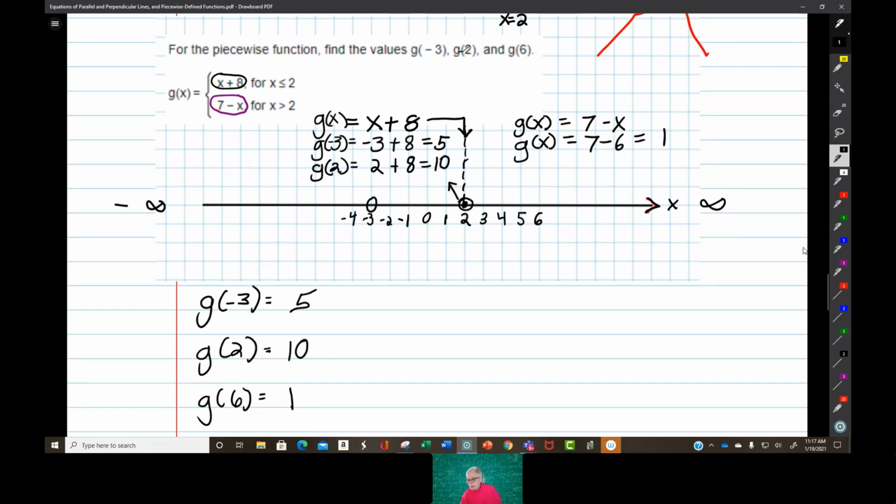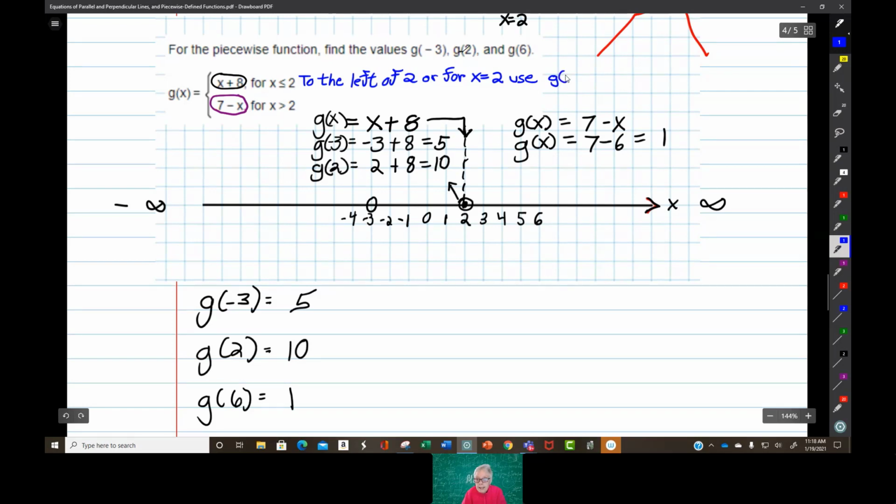So in words, what this says is, to the left of 2, or for x equals 2, use g of x equals x plus 8.